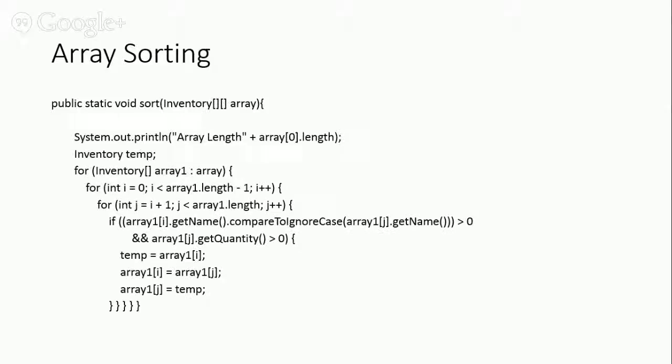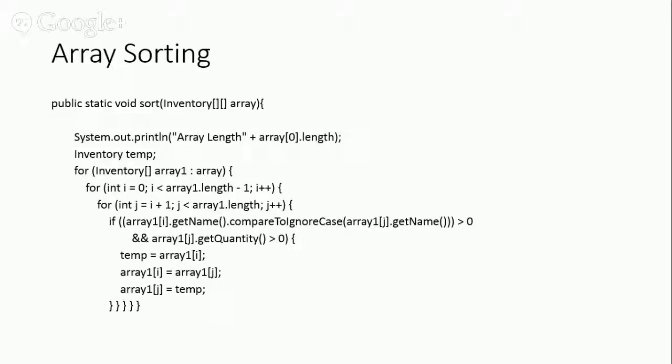One of the important things with arrays is being able to sort them and being able to do something for each position in the array when you need to. This sorting function we used for our inventory, and we had to have several for statements so that it would go through each of the first positions of the array and also each of the second positions within that. So we have several variables here.